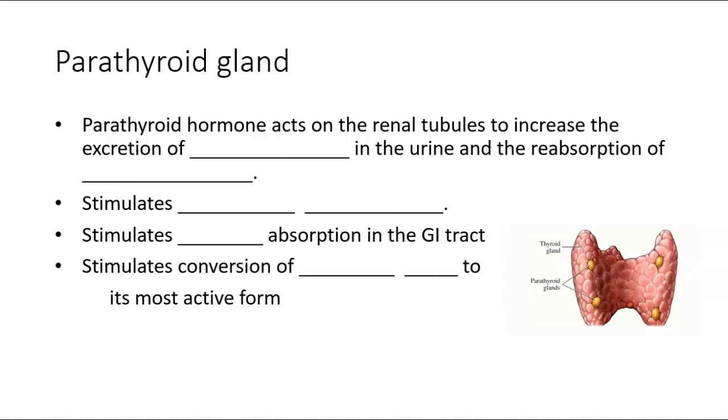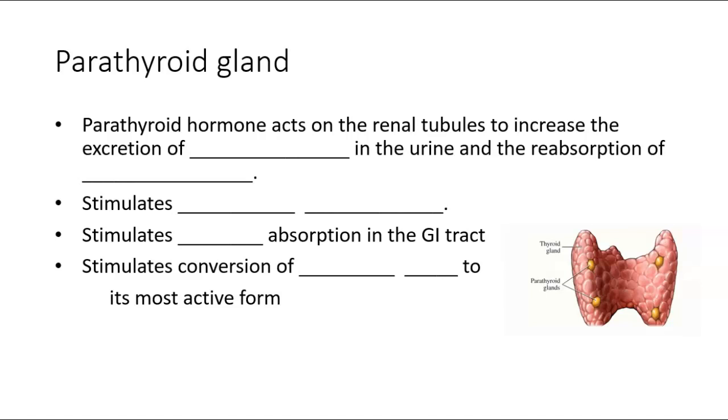The parathyroid gland is actually part of the thyroid. There are little spots that sit on the thyroid. There can be 2 to 6 parathyroid glands, and basically parathyroid hormone acts on the renal tubules to increase the excretion of phosphorus in the urine and the reabsorption of calcium.